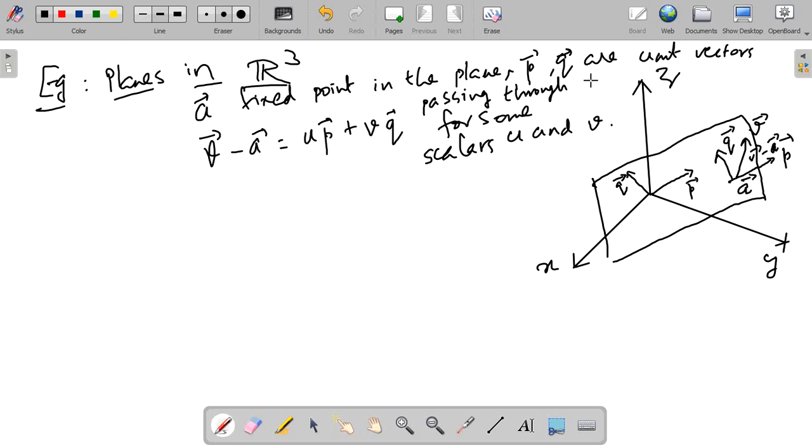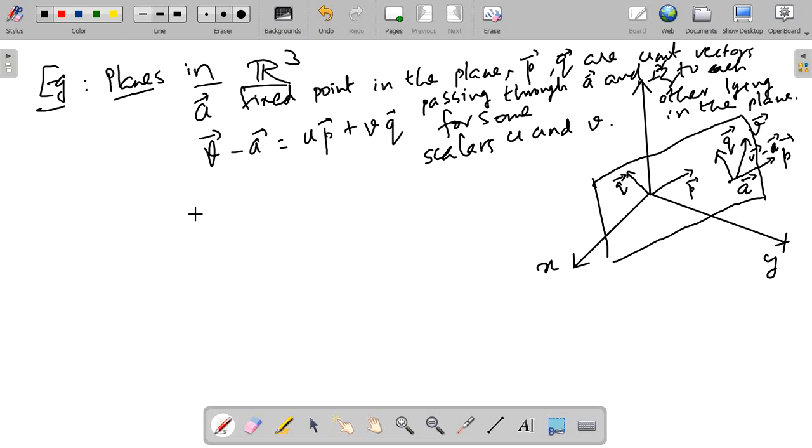They are perpendicular to each other and both lie in the plane. Okay, so you have V minus A equal to uP plus vQ for some scalars u and v.